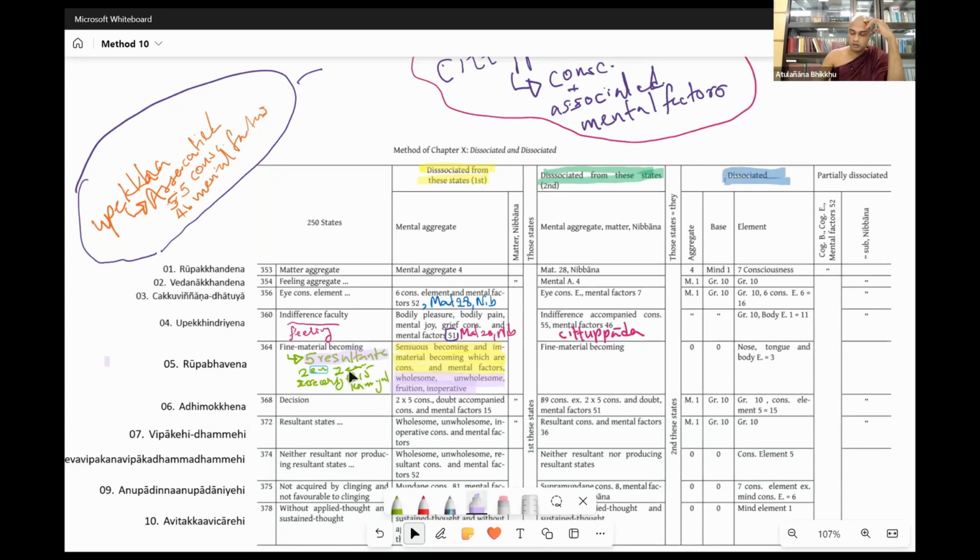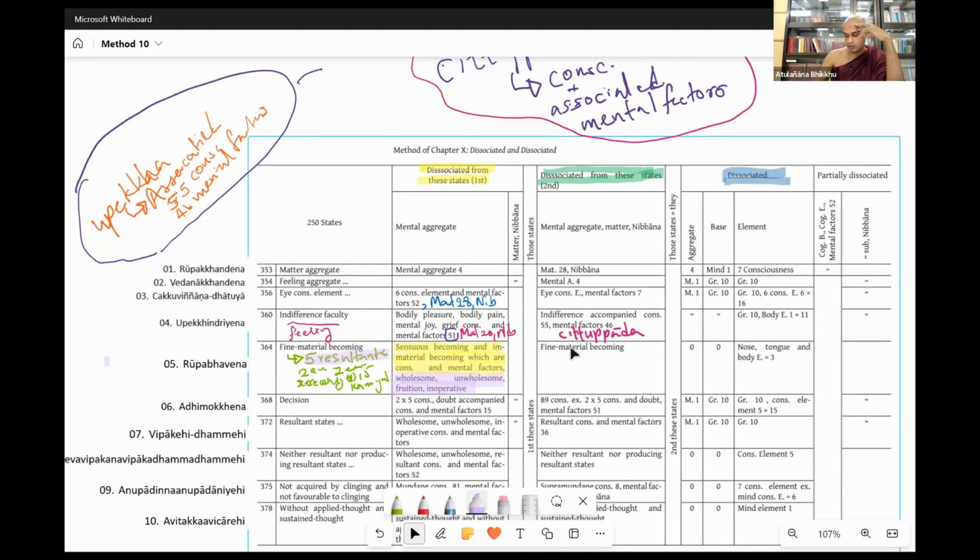So they're all included here. So the full vipaka chittas are included here. So that's why they are not considered here. Only the pala chitta, the fruition, they are considered here, right?